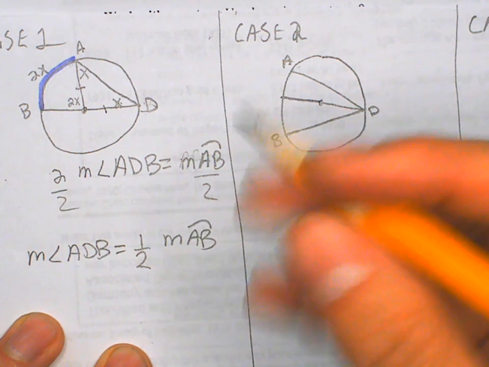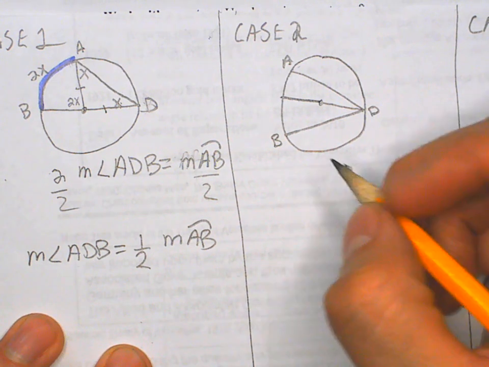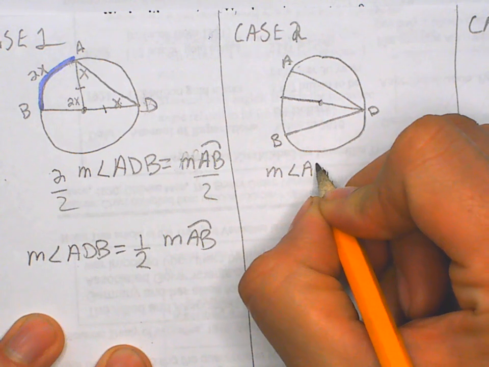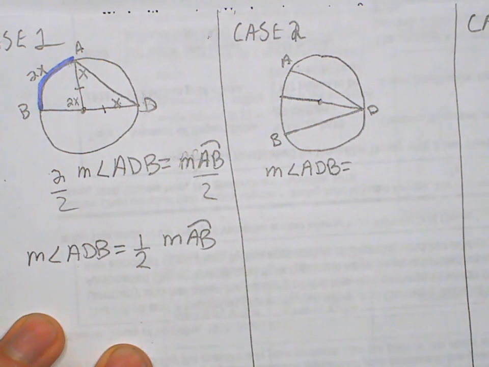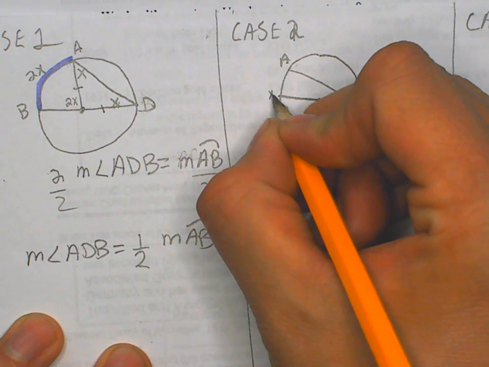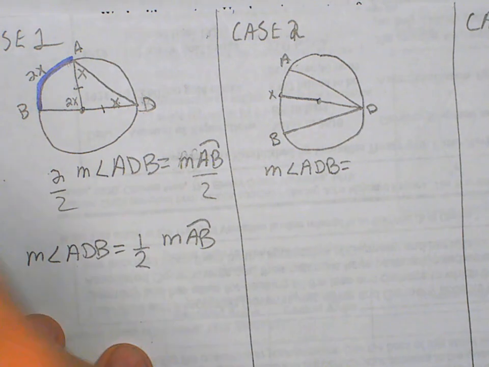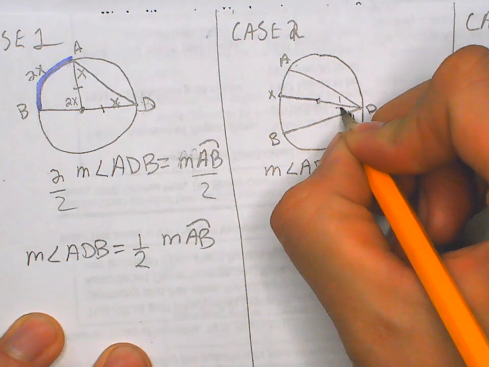Okay, so remember, I'm trying to look for the measure of angle ADB. That's what we're heading towards. That's what we're looking for. Okay, so I'm going to call this intersection right here x. Now, based on the previous theorem that we just looked at, I'm going to call this one here angle 1 and angle 2.